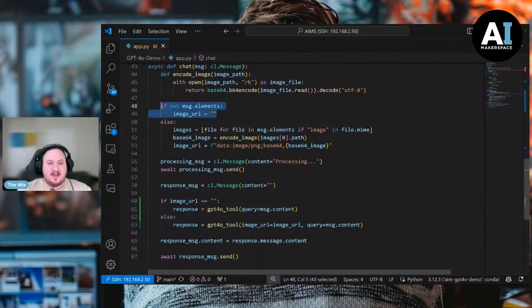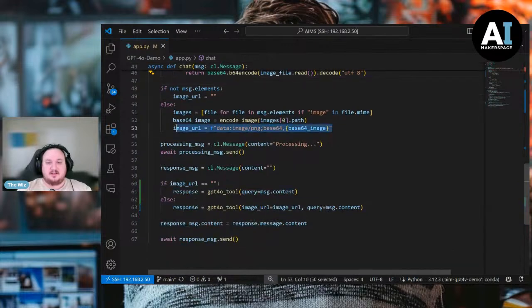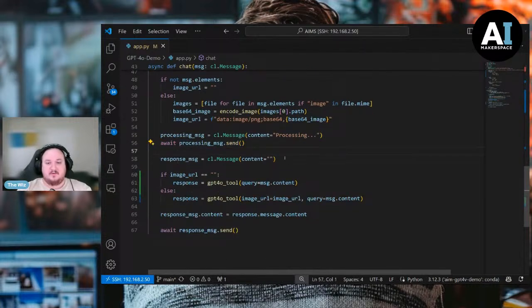And then, of course, if we have any elements, we're going to parse those and decode them. If we don't, we're just going to leave it blank, and then we do another kind of clumsy conditional here. We're going to add our processing message and then send that away so that it knows we're processing. And then we're going to populate our empty message with our content from our response from our tool. And then we're going to send that back to the front end.